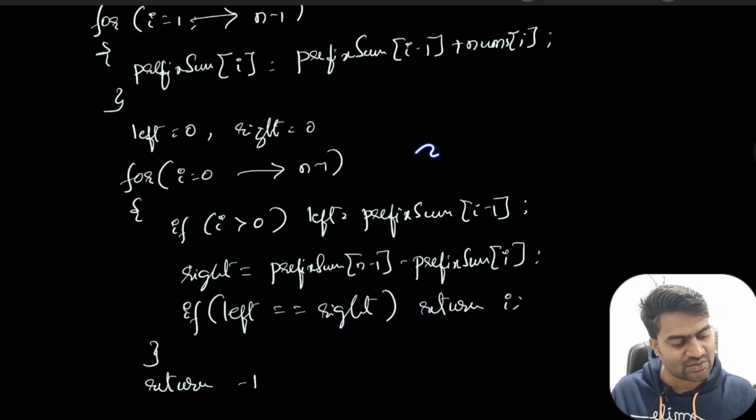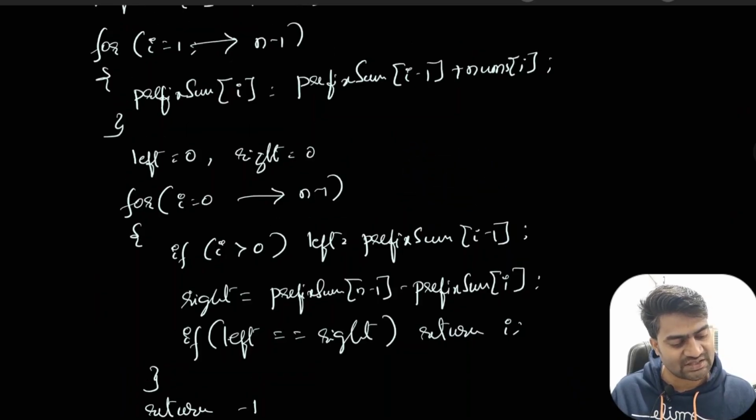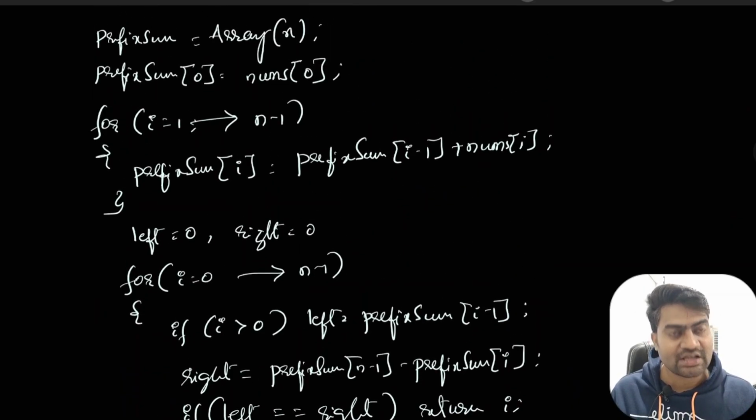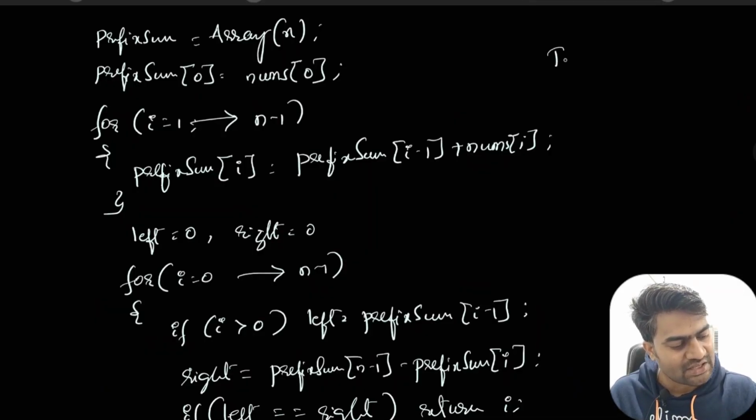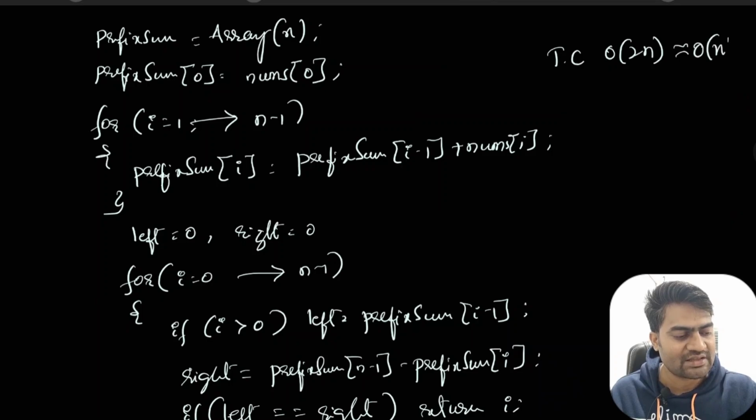So here also it iterates n times, order of n. So time complexity will be order of 2n, which you can say is order of n. So this is a two-pass solution.